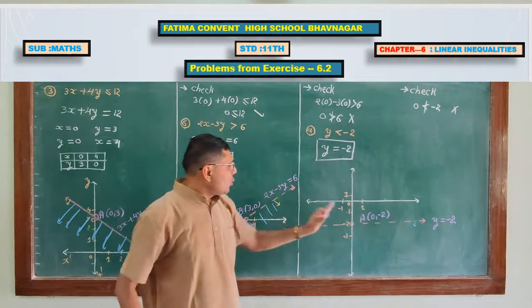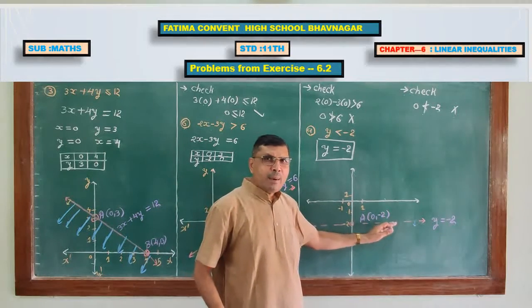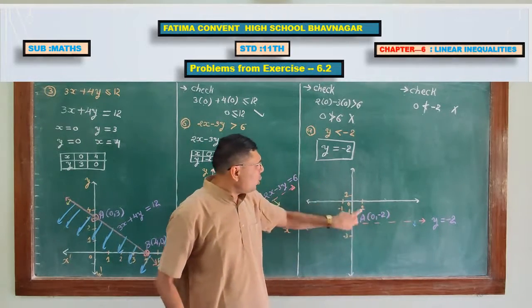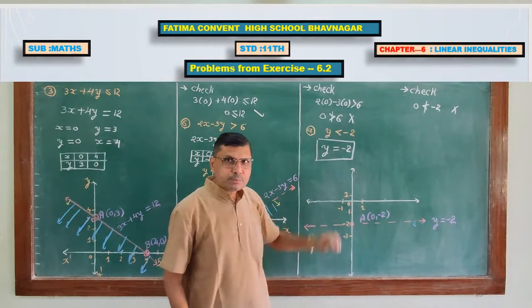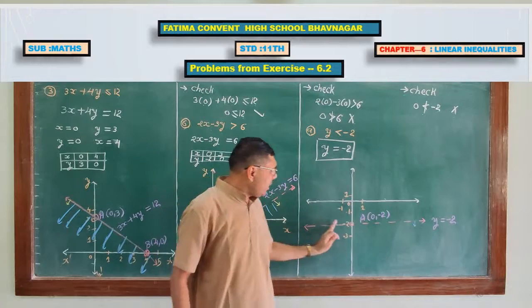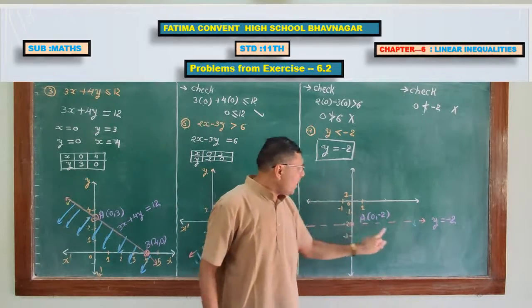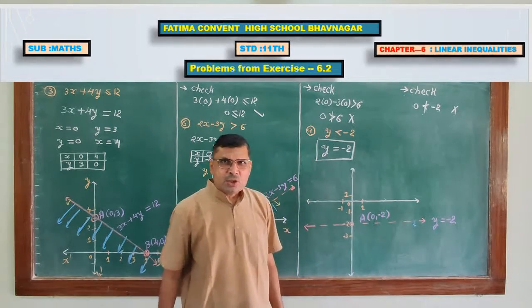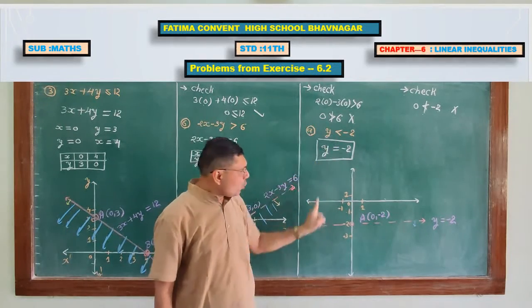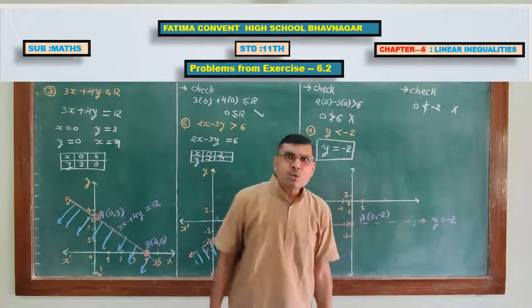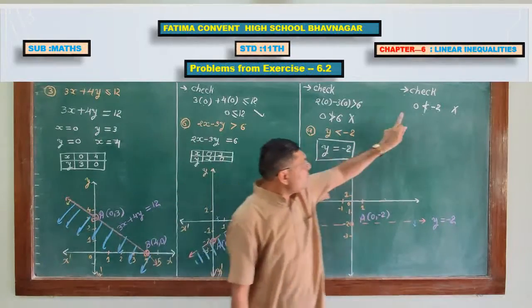So here my line passes through 0, minus 2 because y equal to minus 2. X is changing, x can take any value, but y is constant, that is minus 2. Once again, since it is not equal to, it is a dotted line. Now we have to decide. Put 0, 0.